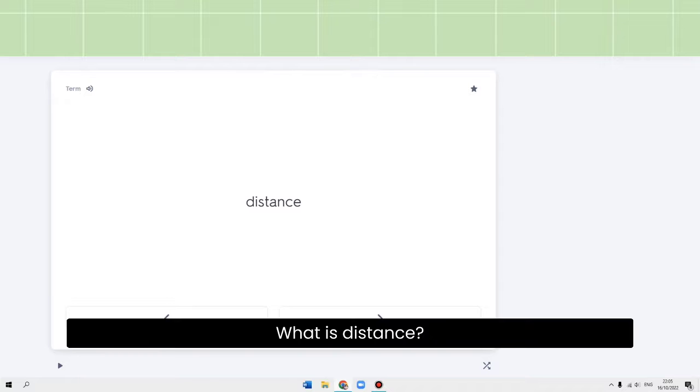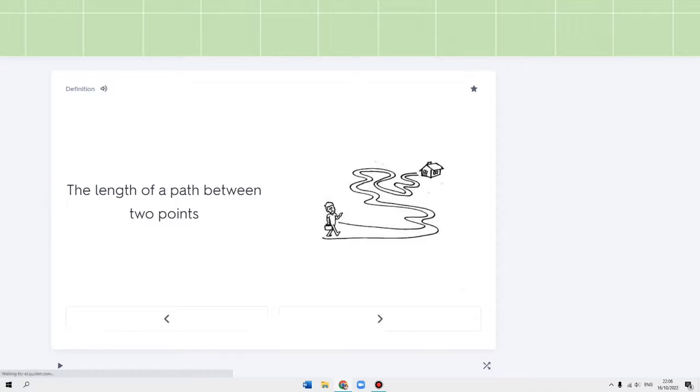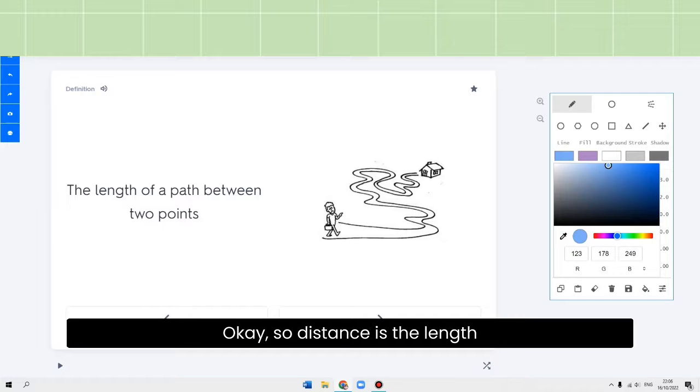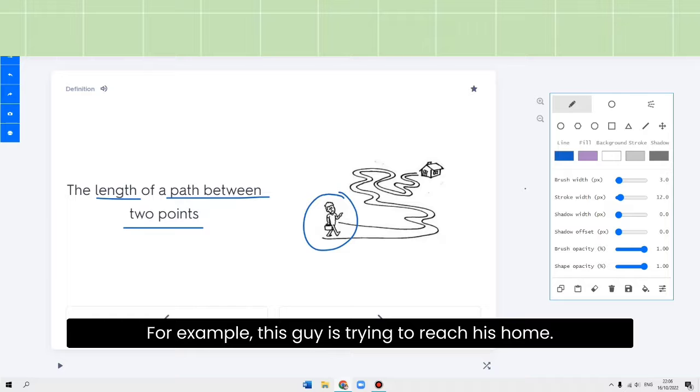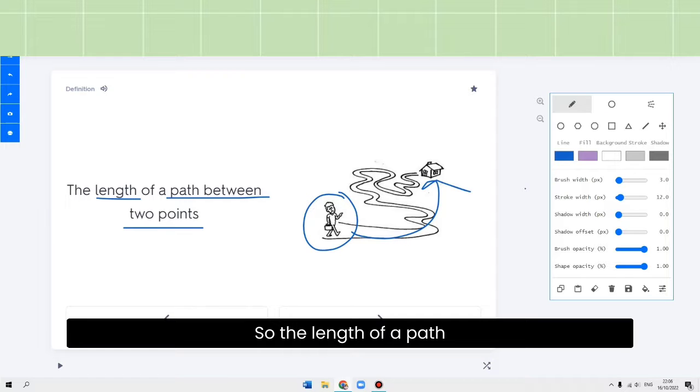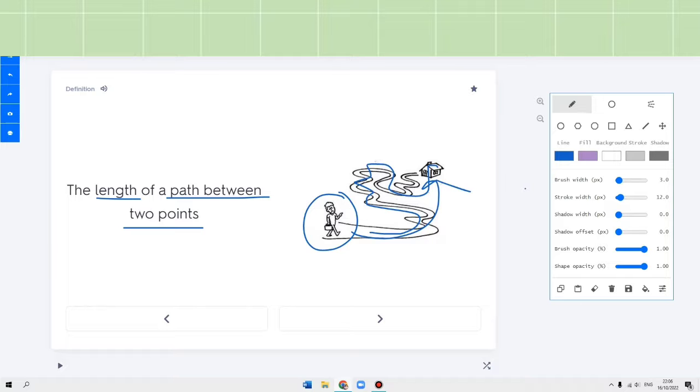What is distance? Is it the same as displacement? Distance is the length of a path between 2 points. For example, this guy is trying to reach his home. The length of the path between 2 points is called distance.